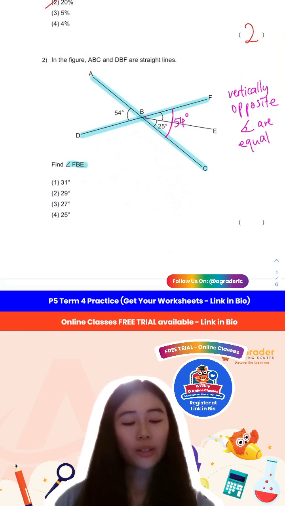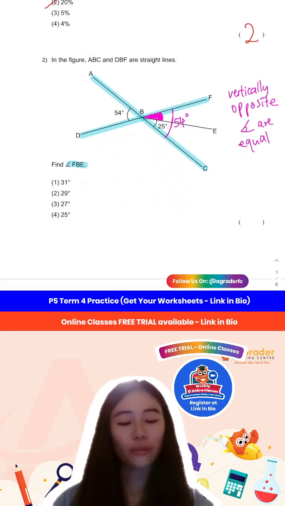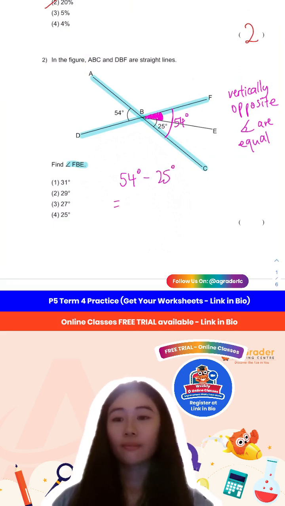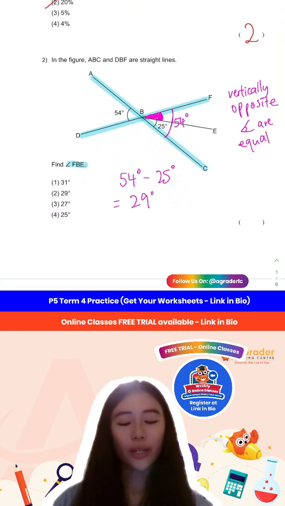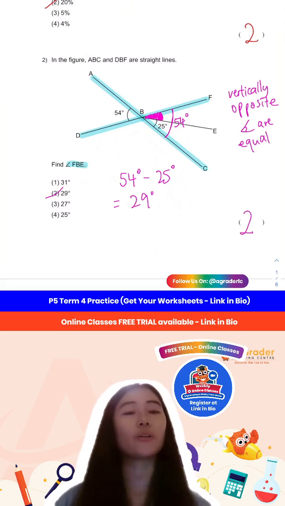Based on this, you can find angle FBE by simply minusing, right? Yes, correct. 54 minus 25 degrees. So that's how you get 29 degrees as the answer. Just one step. So this one should be option 2, which I think all of you got correct. Yeah, that's great.